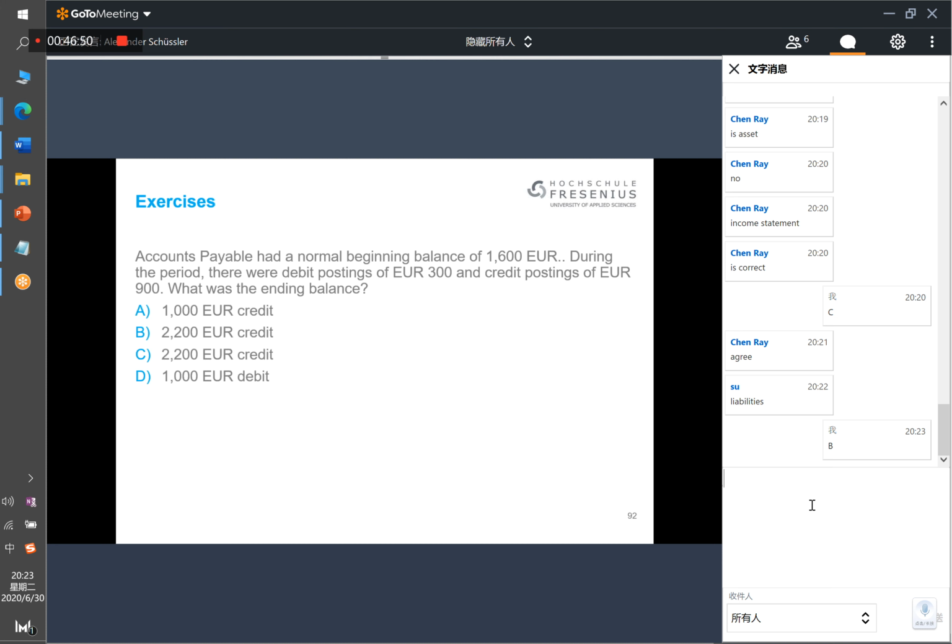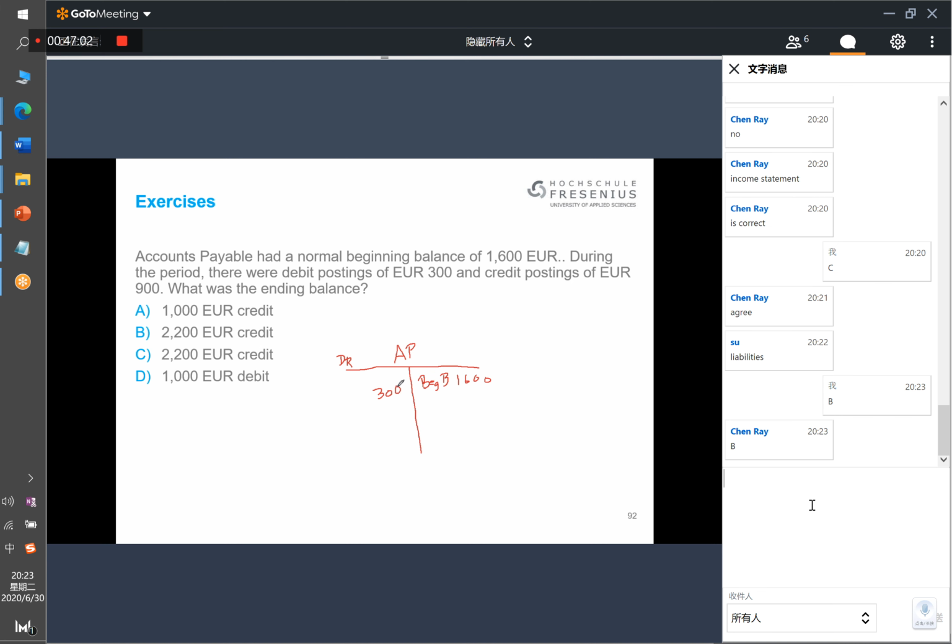So this is always debit. Debit is always on the left hand side of 300. And there were credit postings of 900. Yeah. So right hand side is always credit.